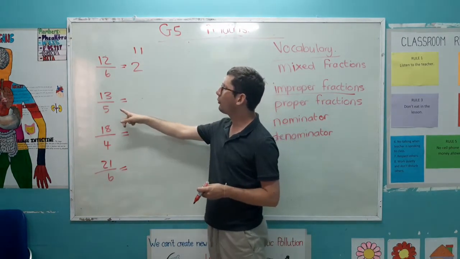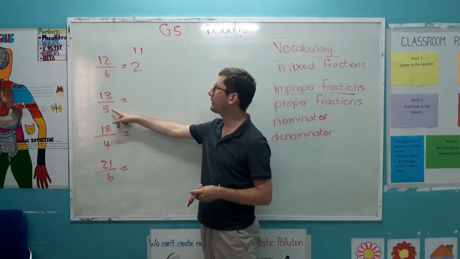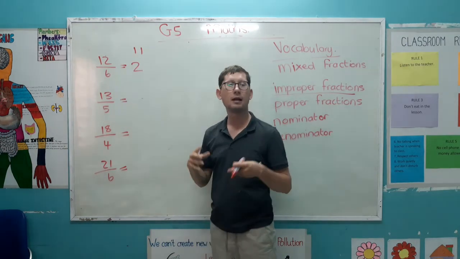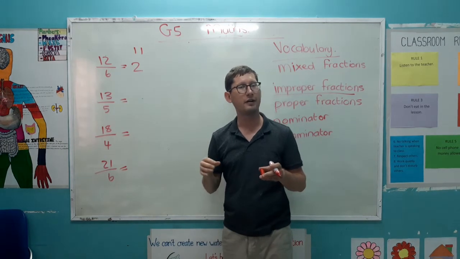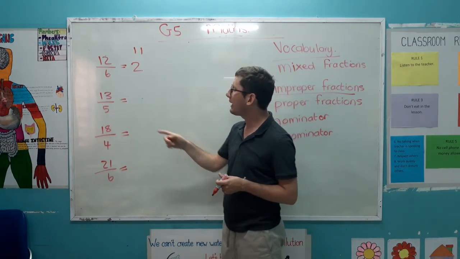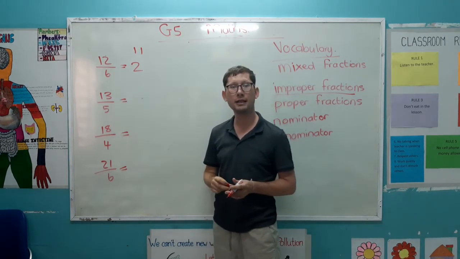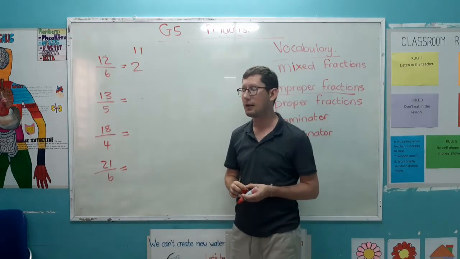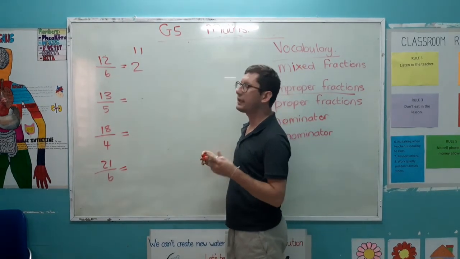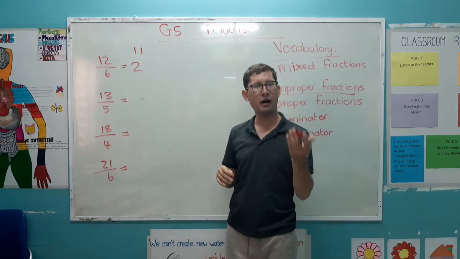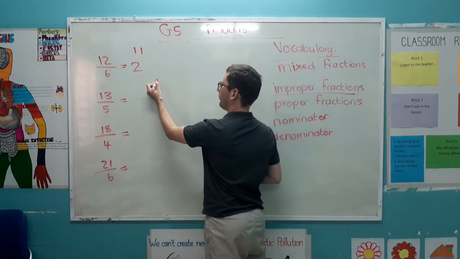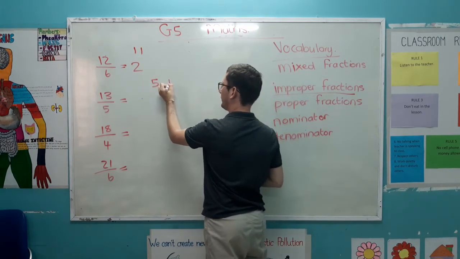But when we divide 5 into 13, listen to me again, it's 5, 10, 15. But does 5 go straight into 13? No, it doesn't. So what we do, we count in 5s, like 5, 10, 15.